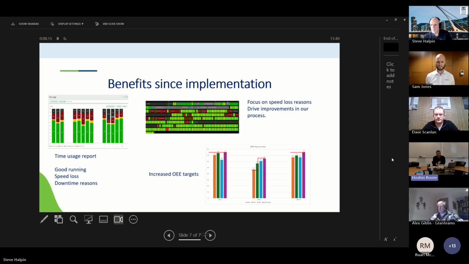And when we did that, we naturally saw our OEE increase. But then we were able to look at the issues and reduce them as we were running. So our transition from a manual to an automated system has increased our business output and our OEE target. I think it's about 10% there looking at that. So it's a huge benefit to us as a company implementing it.